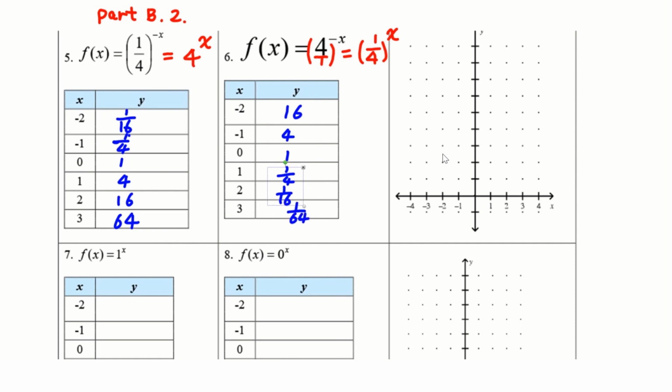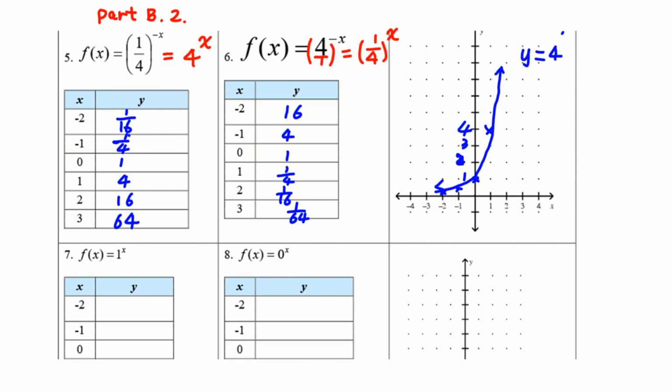So we find those points. At negative 2 it will be close to y equals 0, then a quarter, 1, 1, 2, 3, 4. Then 16 will be up, outside of this grid.